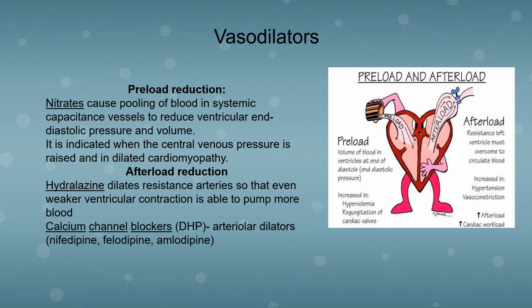This is just a diagrammatic representation, a picture which shows preload and afterload. Preload is the volume of blood in the ventricles at the end of the diastole. There is end diastolic pressure which is increased whenever there is regurgitation from cardiac valves or there is hypovolemia, increased volume of blood. So there is increased load into the ventricle. This is preload.